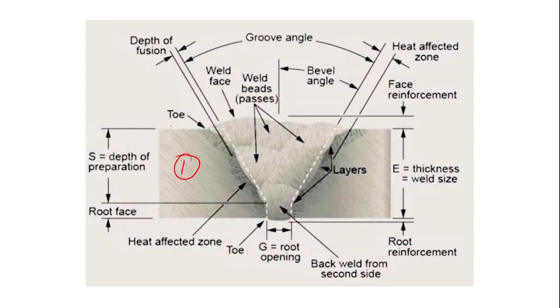So this is a butt joint. This is your first sheet and this is your second sheet, made of the same material, and we want to join them. Whatever the shortest distance between these sheets, that is called the root opening or root gap.